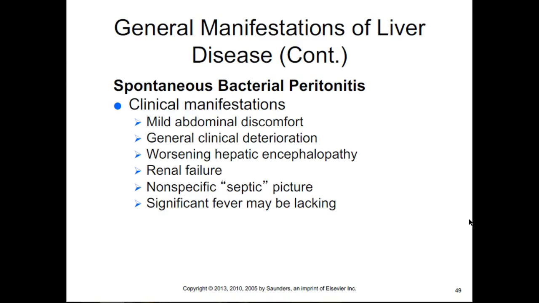So that is going to cause some mild abdominal discomfort, but general clinical deterioration, worsening hepatic encephalopathy. You might see renal failure, a nonspecific septic-like picture, and significant fever may be lacking. So you might see some septic-like signs and symptoms.